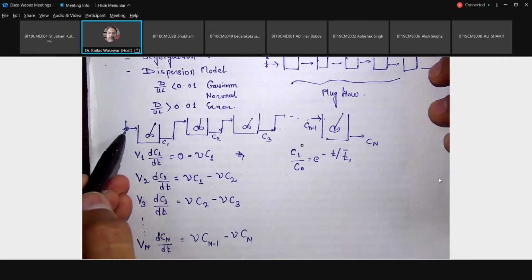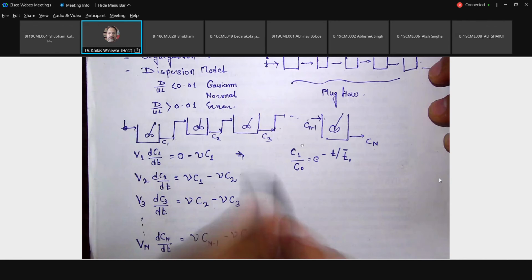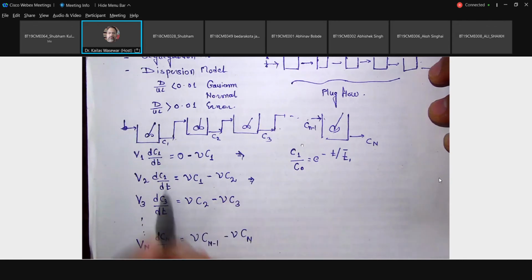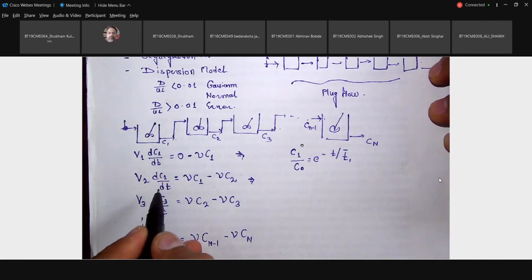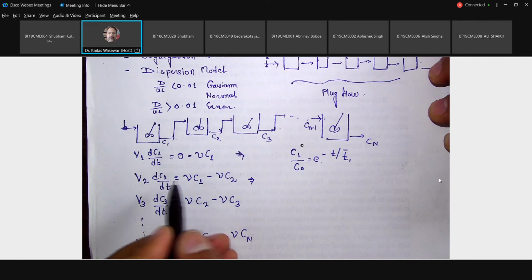So you know the tracer amount, and the tracer amount divided by the volume gives you the concentration. Now here you have to substitute this C1 value, and then you have to simplify, and you will get the differential equation.